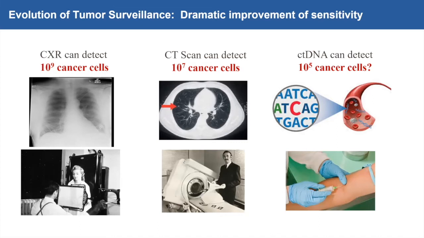We were excited as a field with the leap into CT technology, which gave at least a 2-log improvement in the sensitivity of what we can detect. Now we are recognizing another several log improvement, meaning 100-fold or better sensitivity, so we can detect a much smaller amount of cancer cells. These numbers are gross estimates, and there's a lot of variability and other things that impact this.